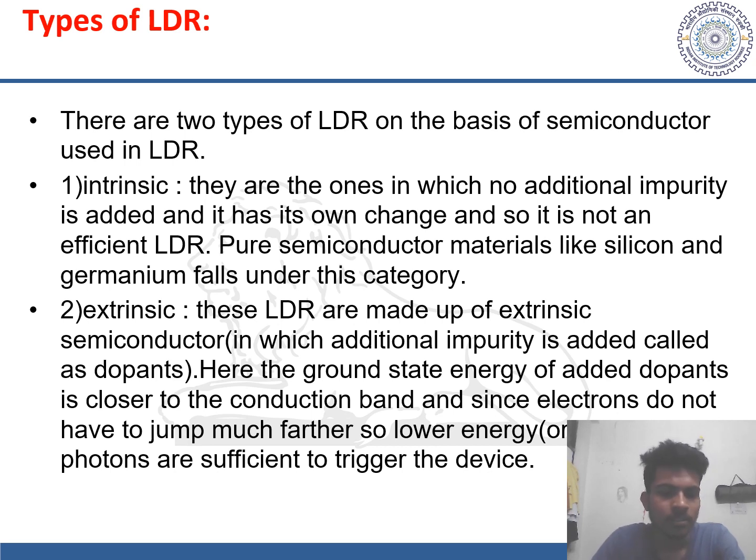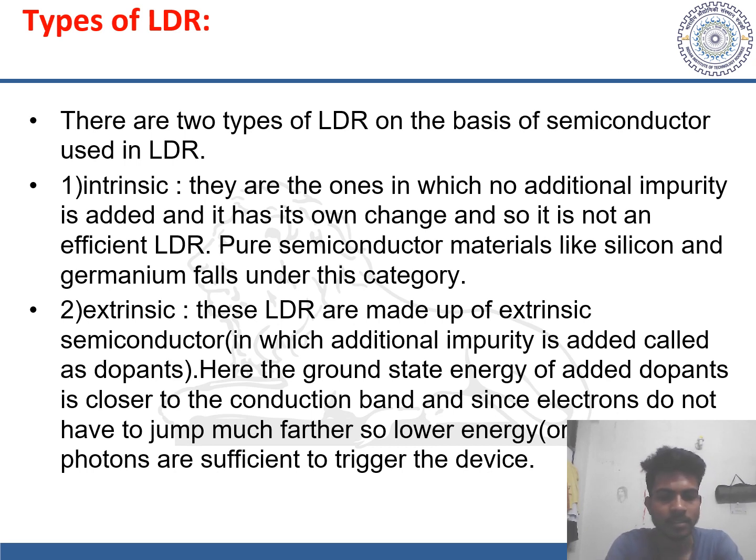The LDR can be classified into two types on the basis of the semiconductor that is being used, and they are intrinsic and extrinsic. As the name suggests, on the basis of our basic knowledge of semiconductors, the intrinsic is the one in which no additional impurity is added and it only has its own charge carriers, and that also becomes one of the reasons for it having very low sensitivity and efficiency. Pure semiconductor materials like silicon and germanium are used in these intrinsic LDRs.